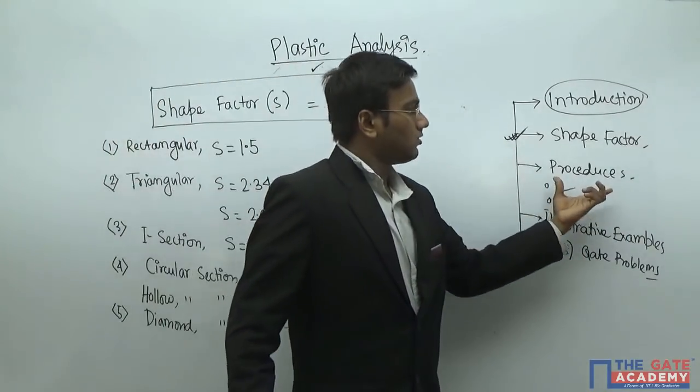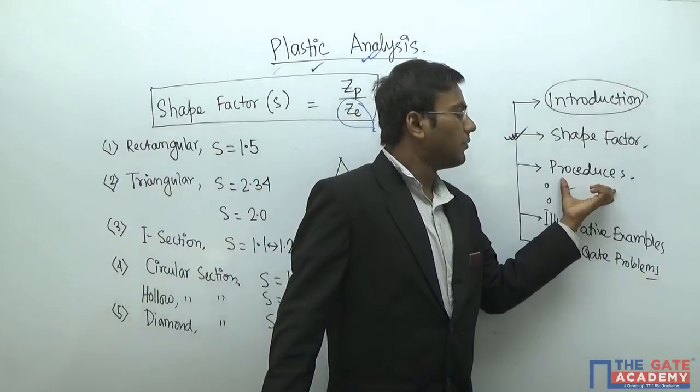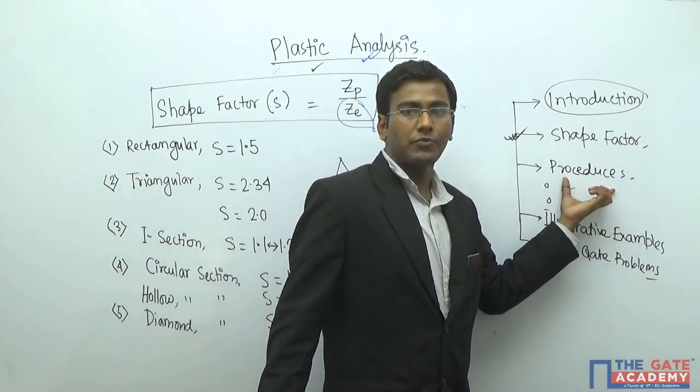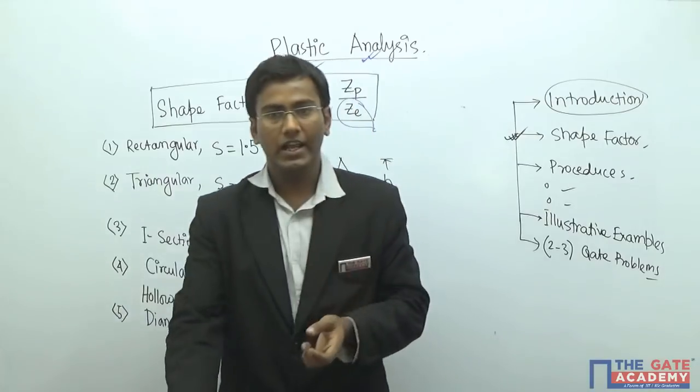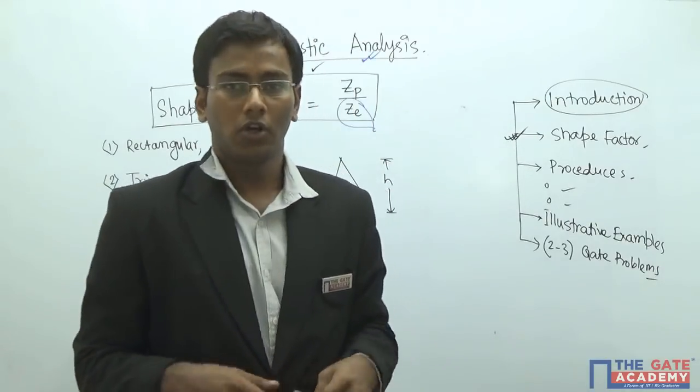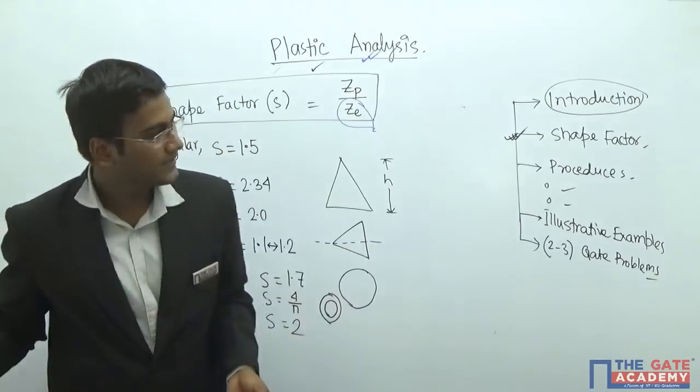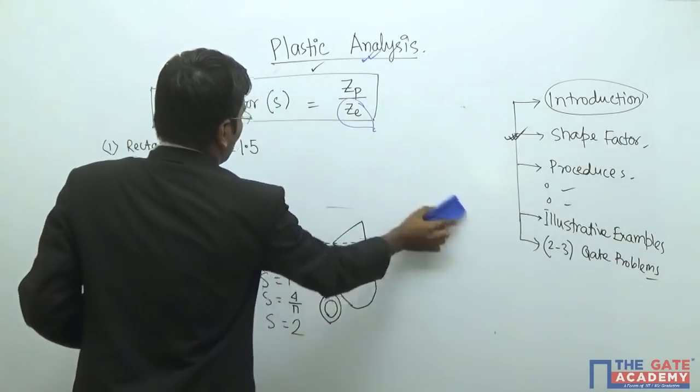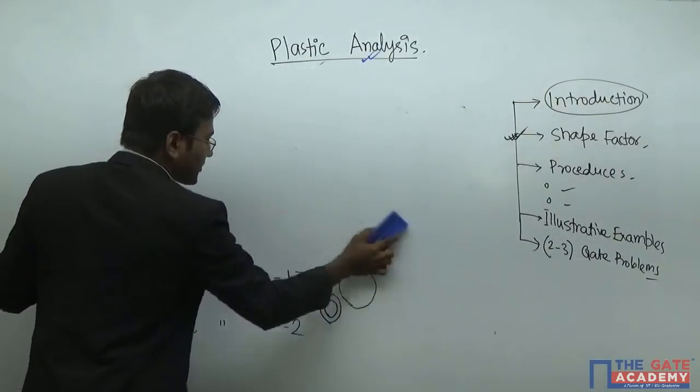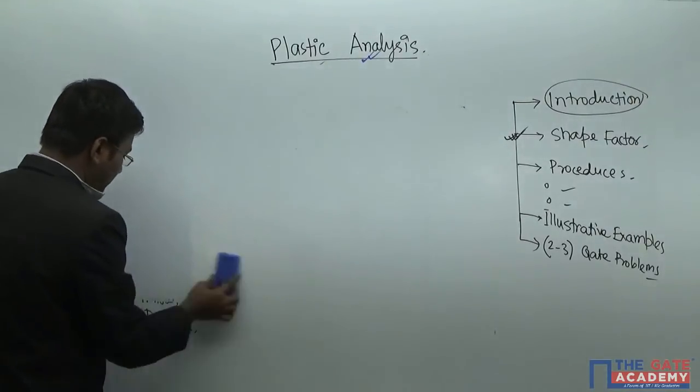Now we will discuss the different procedures to find the plastic analysis or find the collapse load. So let us discuss some procedures. What are the procedures of plastic analysis?